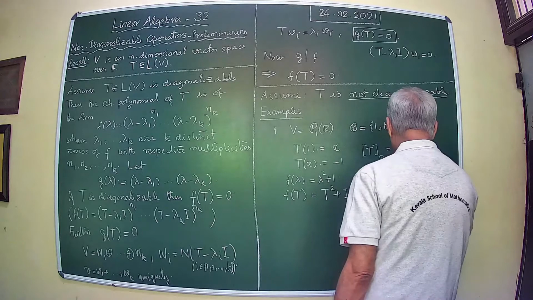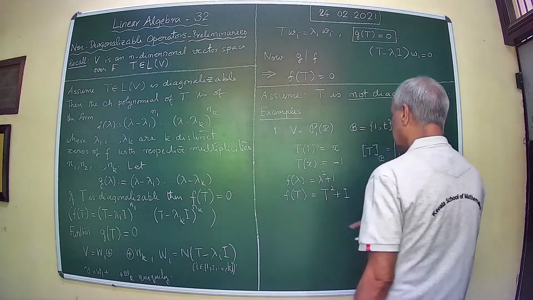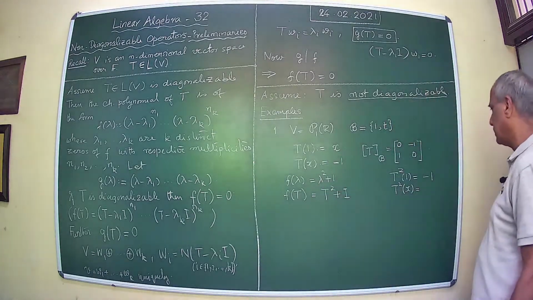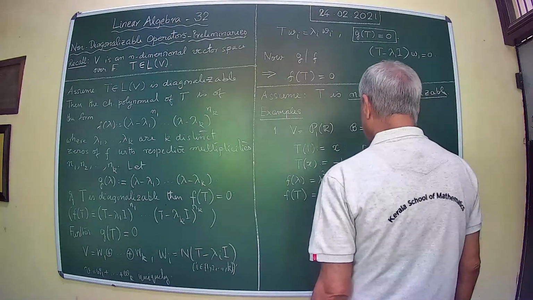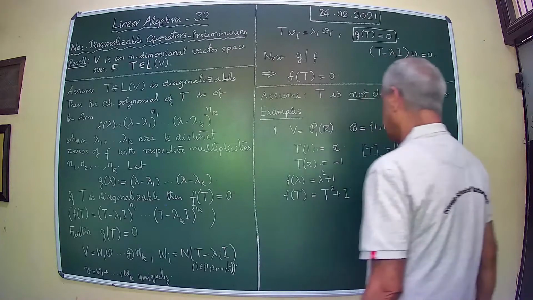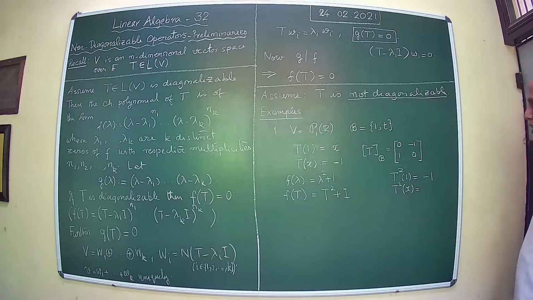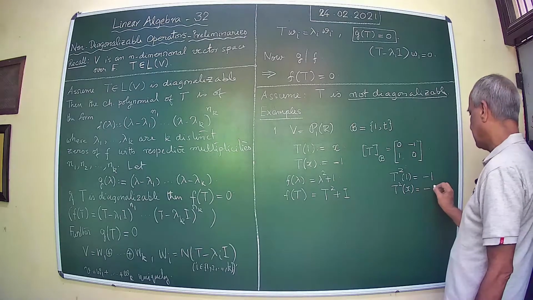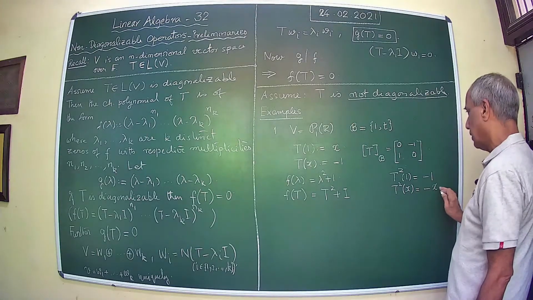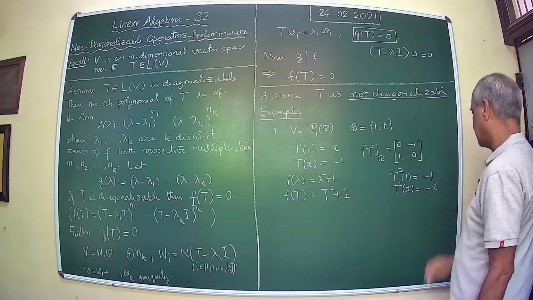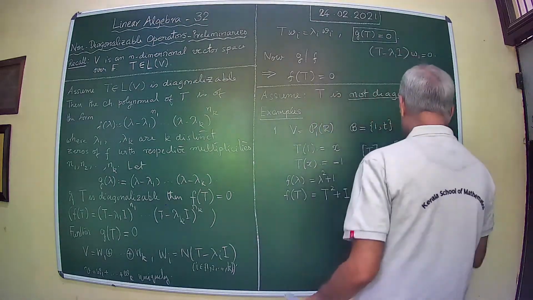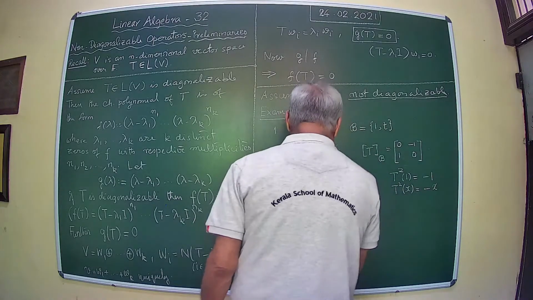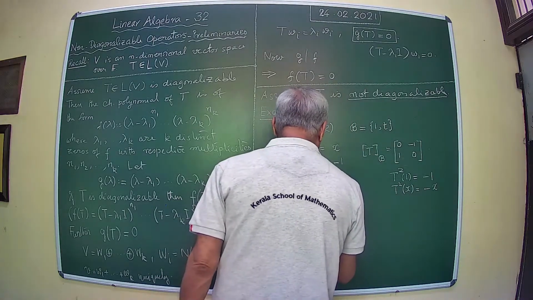Similarly, T square of x is T of Tx, Tx is equal to minus 1, therefore T square x is equal to T of minus 1, that's equal to minus x.